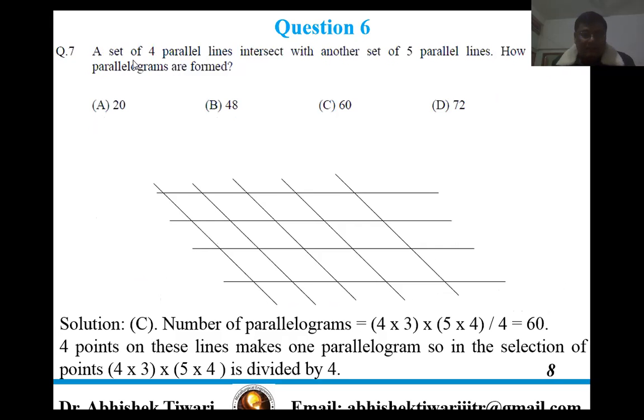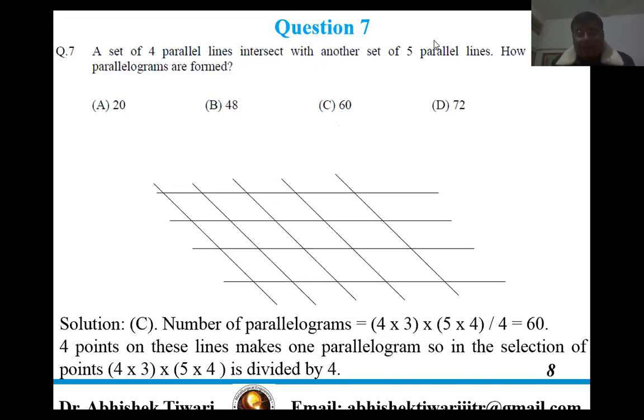Now we have a set of four parallel lines intersecting with another set of five parallel lines. How many parallelograms can be formed? First we have to select four lines to make one parallelogram. Out of these four lines, one line can be selected in four ways, and the next line in three ways.